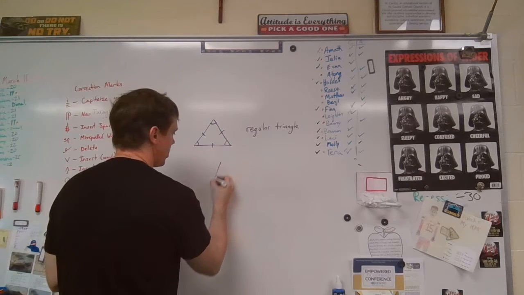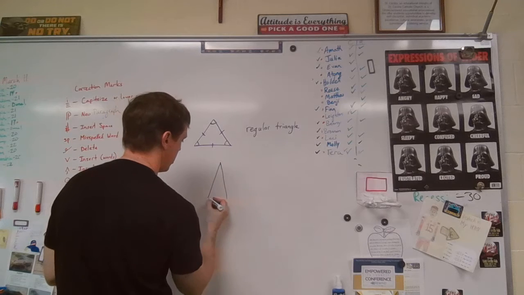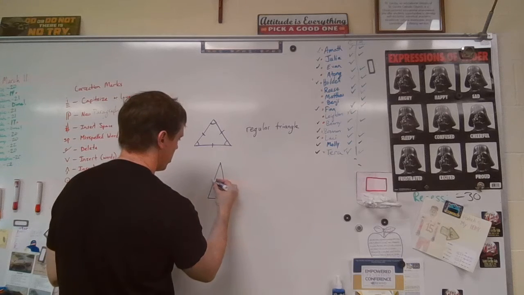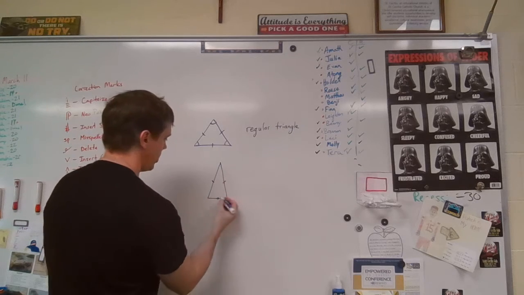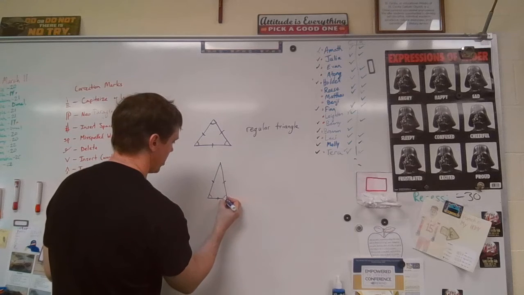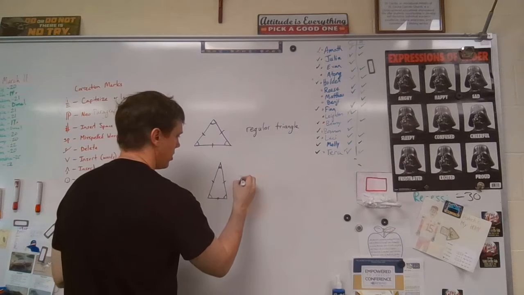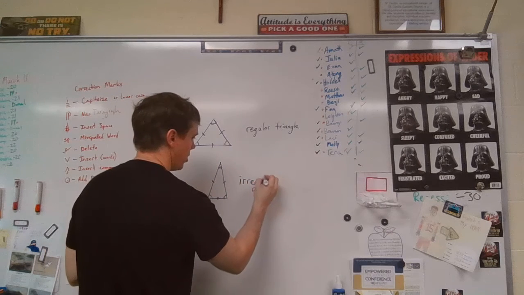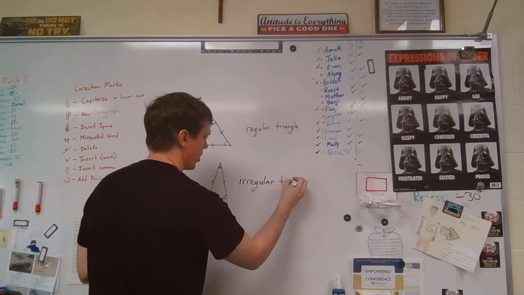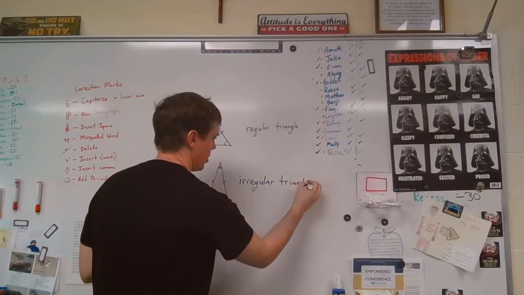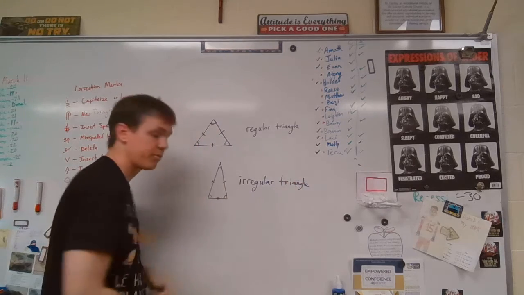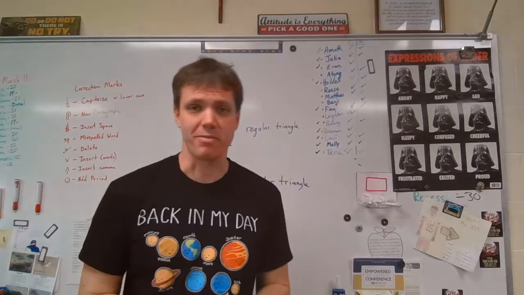All right, then I have this shape here. Those angles are the same, but this one is different. This is an irregular triangle. Anyway, I hope that helps. Good luck. Have fun. Talk to you later.